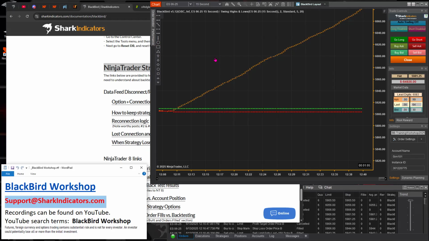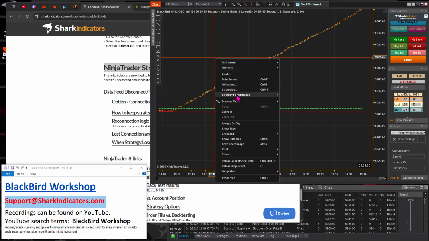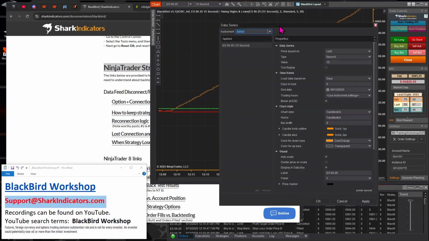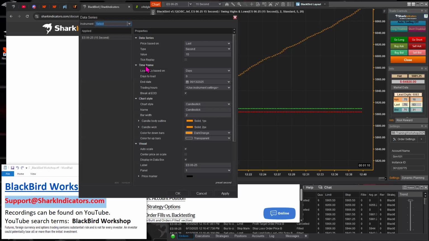So one thing I know for sure is in your data series, you definitely need to read up on NinjaTrader's documentation to understand what the trading hours are. Once you understand what trading hours is, it'll then make sense as to why the trading hours can make a difference there.